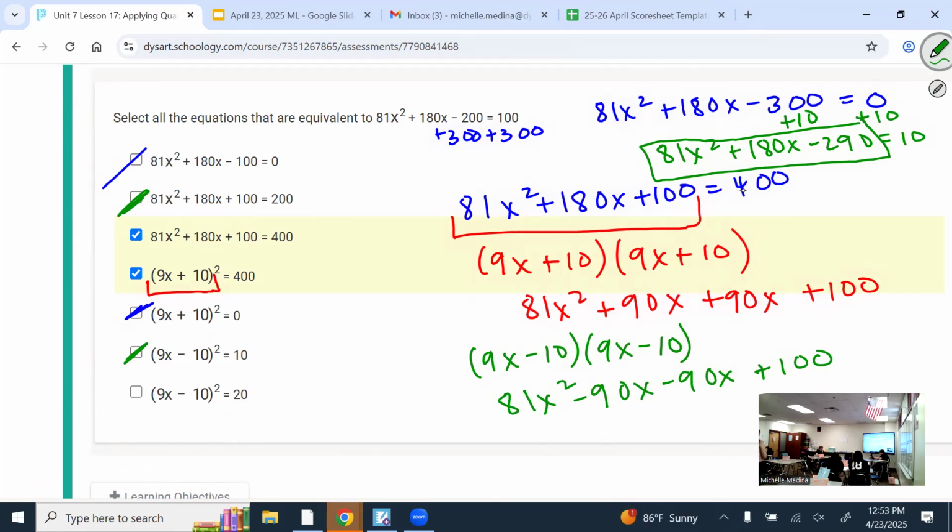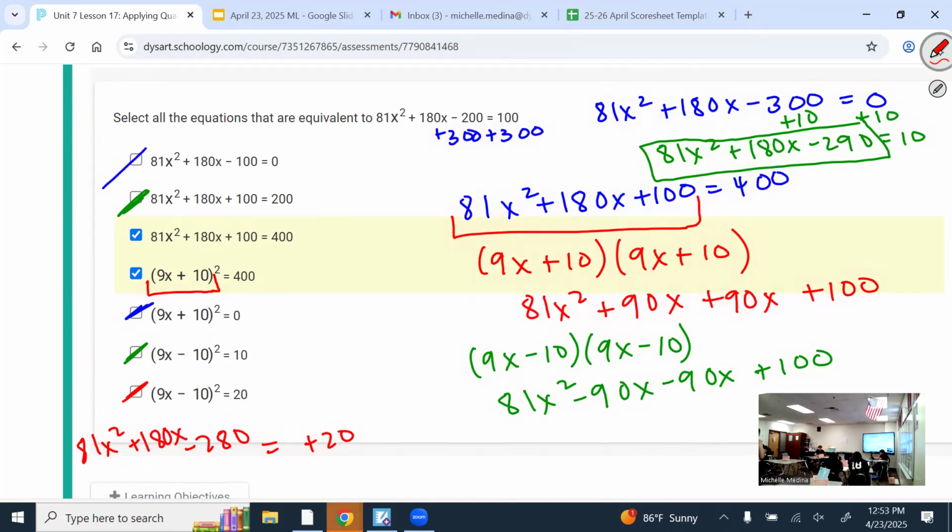And then if I adjust this one to equal 20, I would have to add 20 on both sides. I know it's a lot of work. That would become 20. This would become negative 280. And if I multiply this out, which I already did, it's not the same thing. So I'm only getting that those two are the answers.